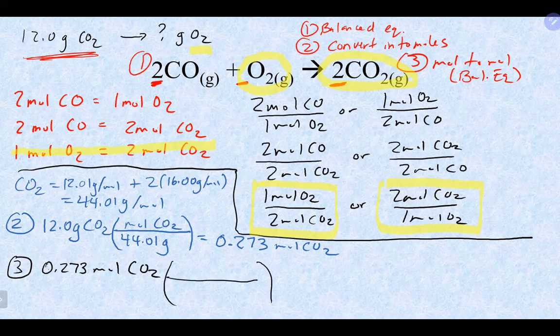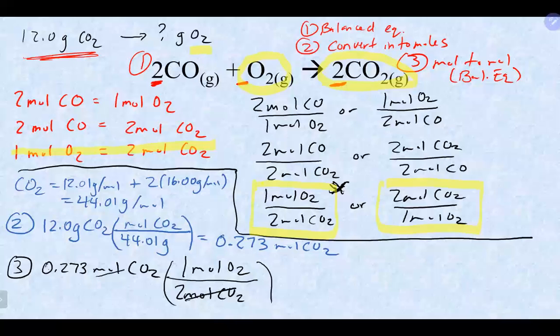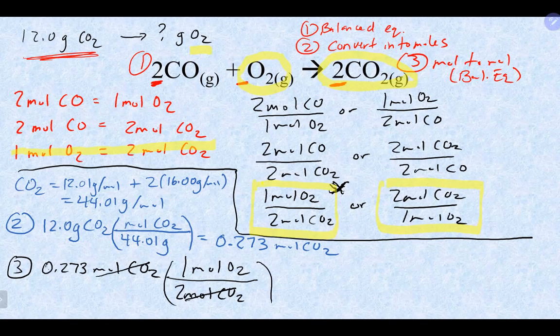Which means we actually need to use this conversion factor here. That's going to do it. And this step right here is the big stoichiometry step. We're going to do 2 moles of CO2 on the bottom, 1 mole of O2 up on top. That's going to allow us to go away from CO2 and get over to O2, which is what we're interested in. So in this case, we'll do a little dividing by 2, 0.136.